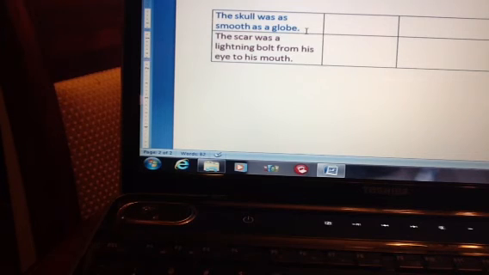I recognize that as a metaphor. Was is the past tense of is, and we know when one object or one character is compared to another object or another character by saying it is, that's a metaphor. The scar was a lightning bolt from his eye to his mouth.